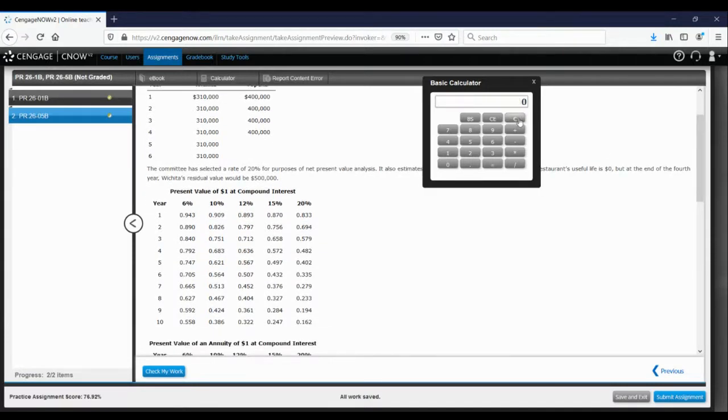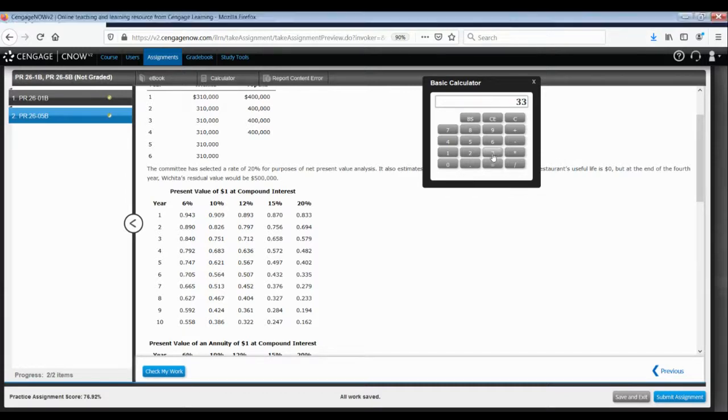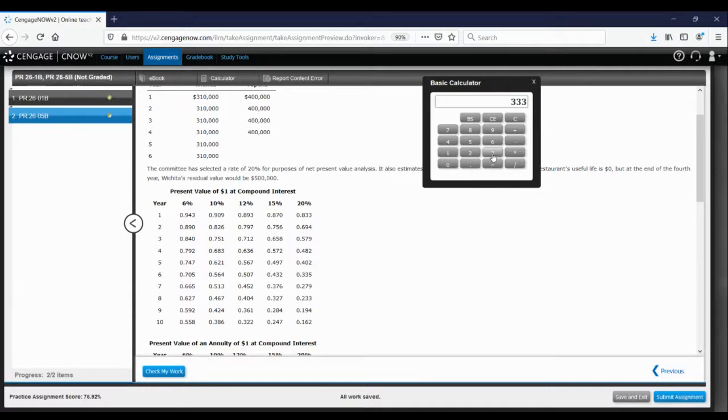And then to find the total present value, we would add each one of those years that we calculated the present value for together. In the first year, it was 333,200. We're going to add to it 277,600 for the second year.